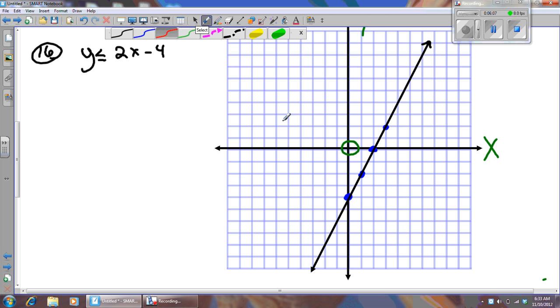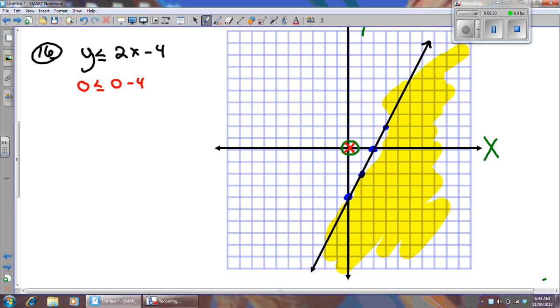I like to use 0, 0 and mark it on there. I plug 0 in for y and 0 in for x. Do I get a true statement? Is 0 less than or equal to 4? It is not. And so I'm going to shade beneath my line. Okay, there you go. I didn't mean to erase the origin there. I was just erasing some of the sloppiness of my shading.